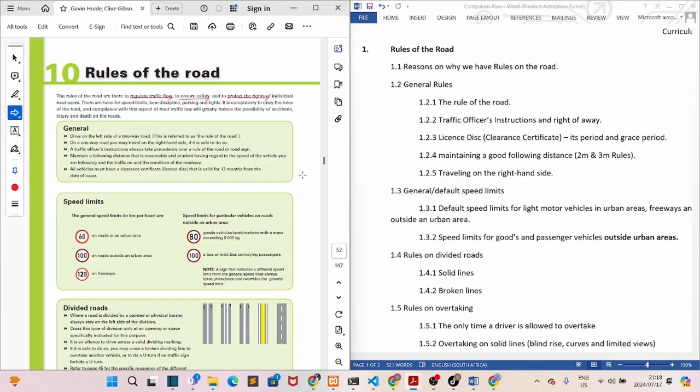The last one here under the general rules is that whenever you are traveling on a two-way route like this, the only time I get to drive on this right hand side, maybe if I was overtaking someone, is if it is safe to do so.